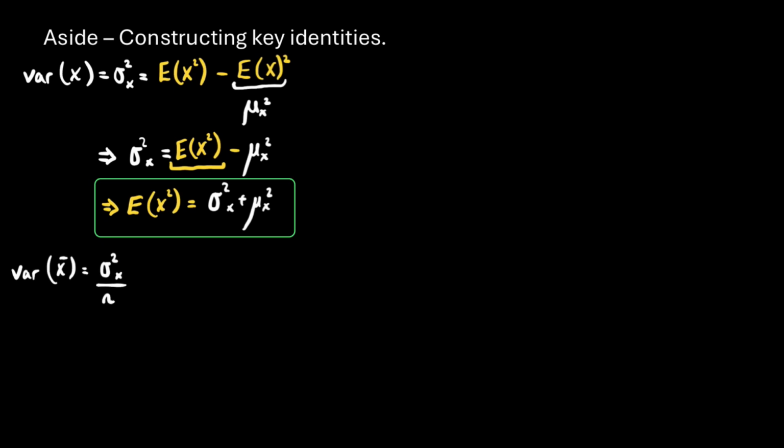So the variance of the sample mean is equal to the variance of x divided by n, but we could also write the variance of x bar as being equal to the expected value of x bar squared minus the expected value of x bar all squared. And all that we've done here is write the variance formula in terms of x bar. We've got the variance of x bar is equal to the expectation of x bar squared minus the expectation of x bar all squared.